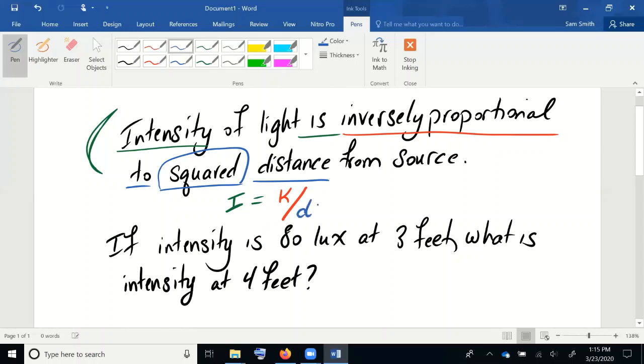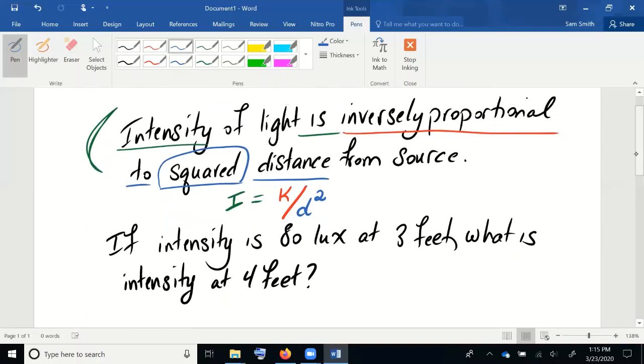Inversely proportional to distance? No. Inversely proportional to the squared distance from the source. So to capture this law, I would have to write down I equals K divided by distance squared.